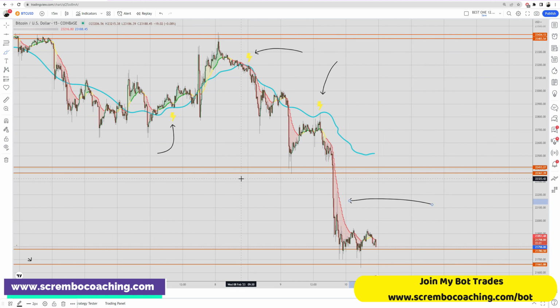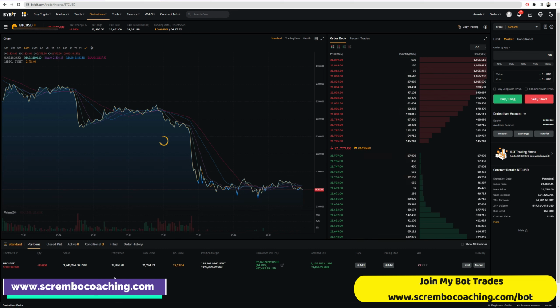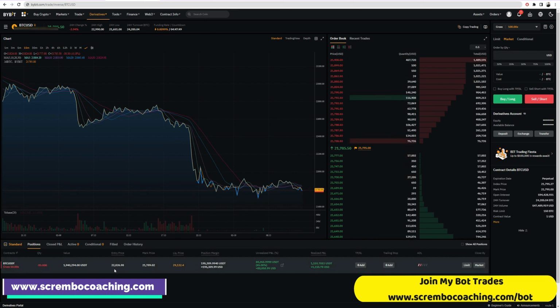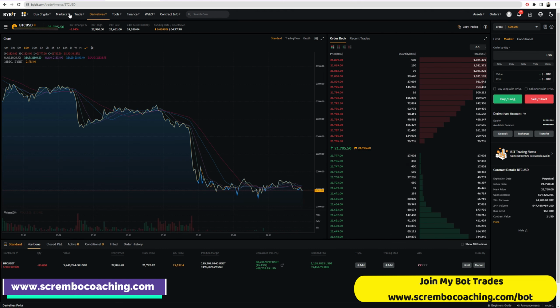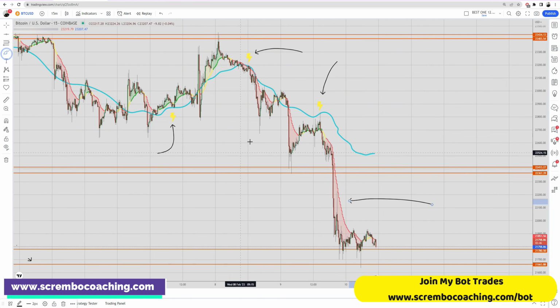So it's important to have a conjunction between the three and receive the signals at the right time. As you can see, basically, our entry at 22,826 was exactly here. We have been shorting in that wick.